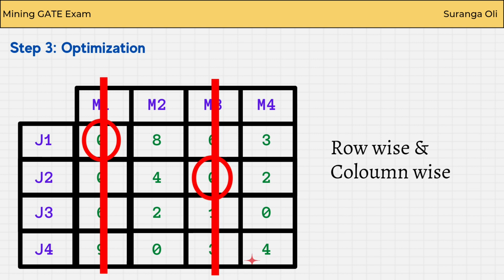In row 3, we have a 0 element at the intersection of J3 and M4. So machine 4 is allotted to job 3. At row 4, we have 0 at the intersection of job 4 and machine 2. So job 4 is assigned to machine 2.